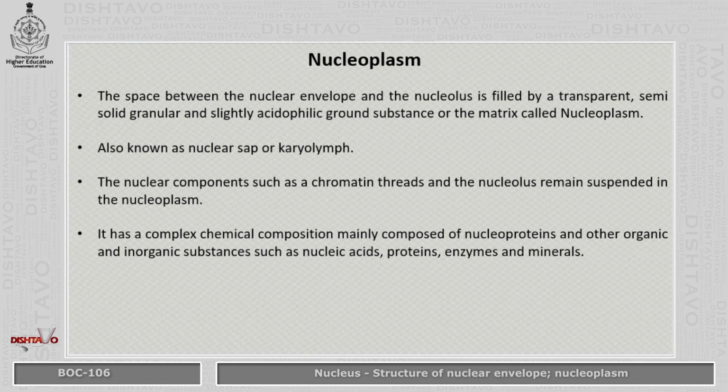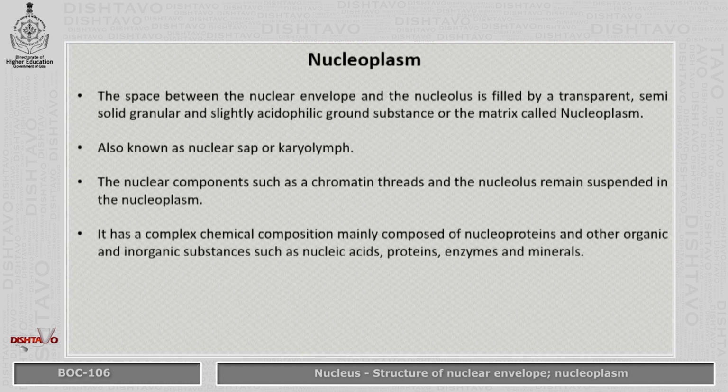Now let us look at nucleoplasm. As told earlier, nucleoplasm is an aqueous material which is filled within the nucleus. It is the space between the nuclear envelope and the nucleolus, and more specifically it is transparent, semi-solid, granular and slightly acidophilic ground substance. It makes the matrix which is called nucleoplasm.